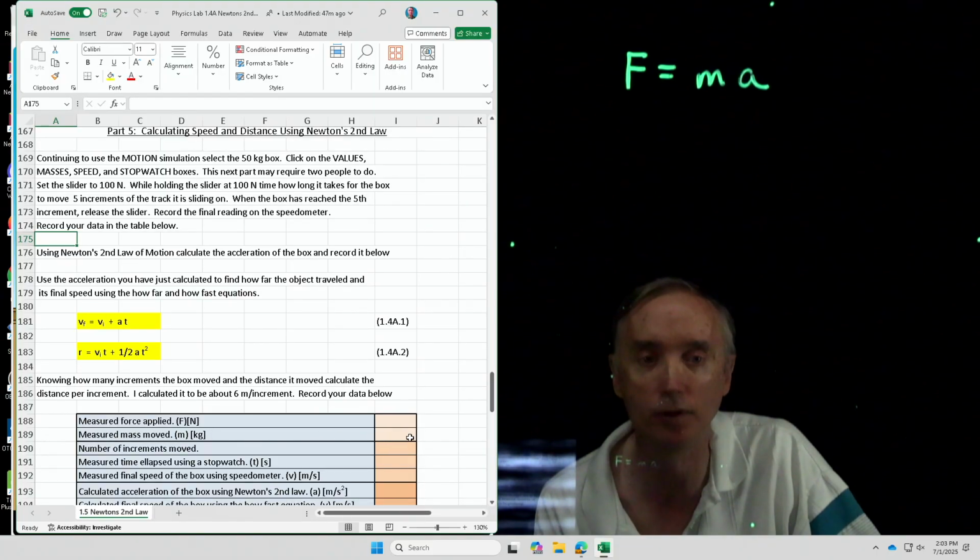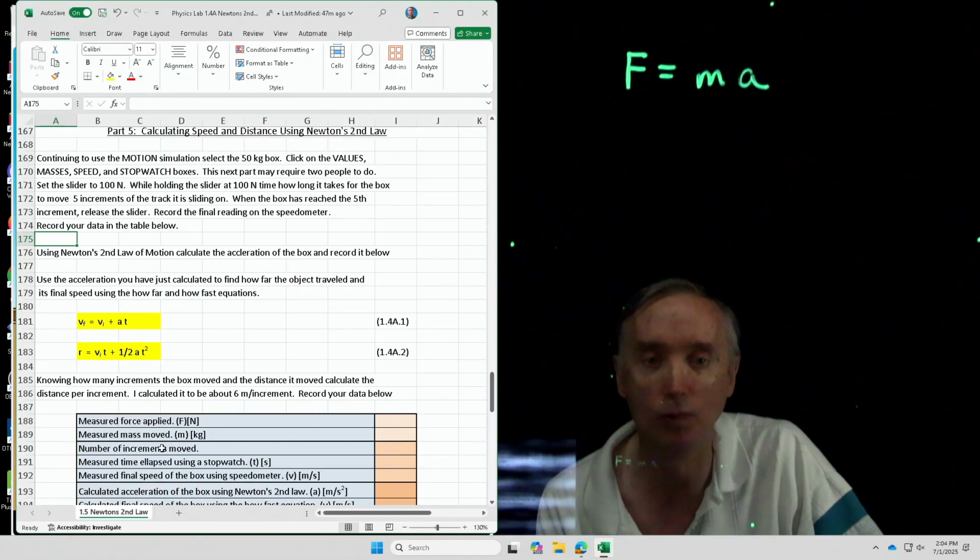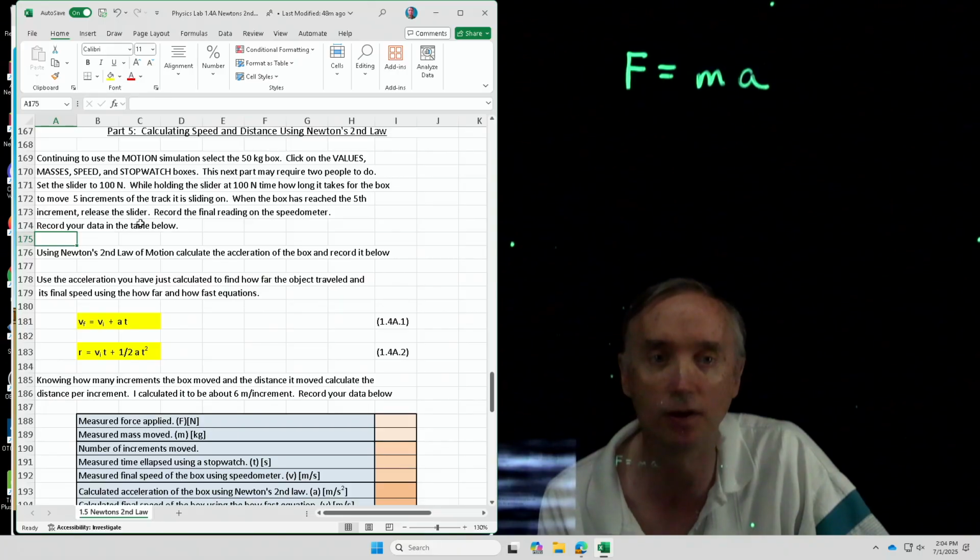So put that number right here. What was the number of increments that it moved? It says here you're going to move 5 increments, so go ahead and put that number here. Measured time elapsed using the stopwatch. So put that number there. Measured final speed of the box using the speedometer. So put that number right here.